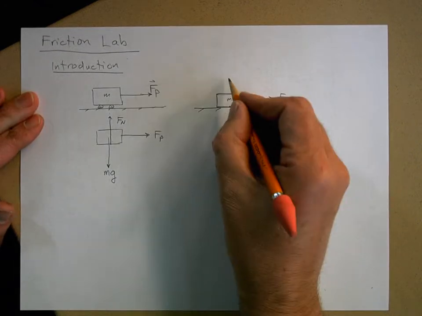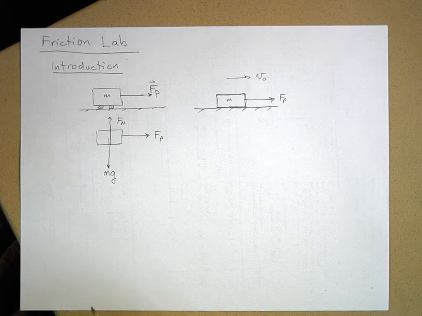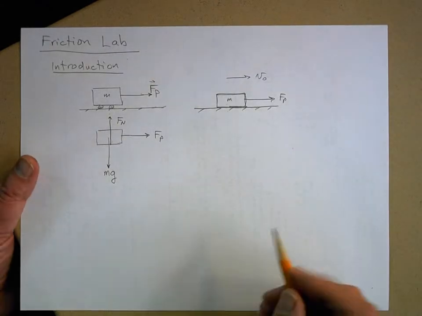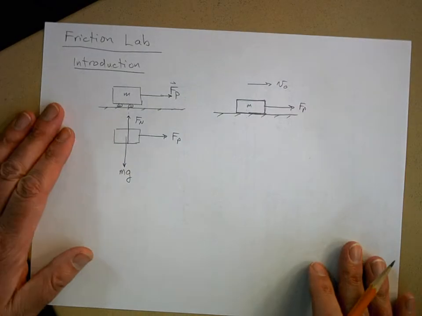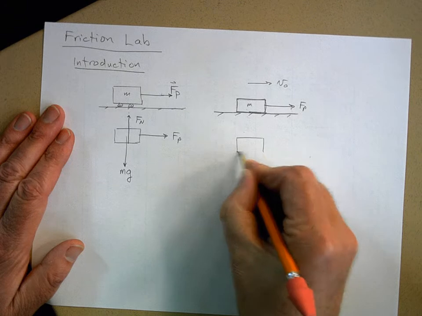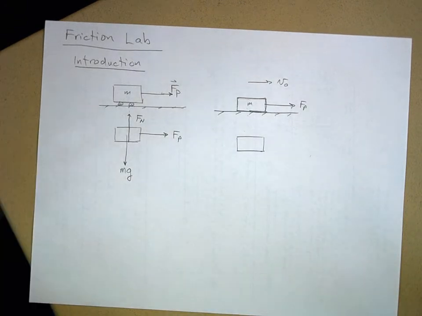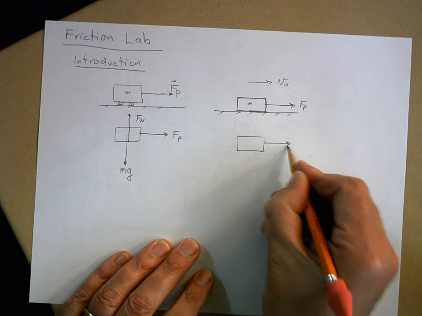So let's say I'm pulling this across with some velocity, we're dragging this across. It's like here's my coffee mug, and I'm pulling on it, and I'm dragging it across the table. Well, if I was to draw a free body diagram of this, I'd have the pulling force.